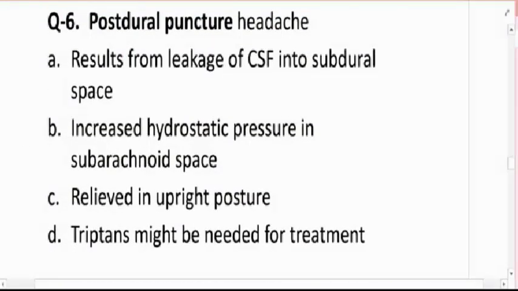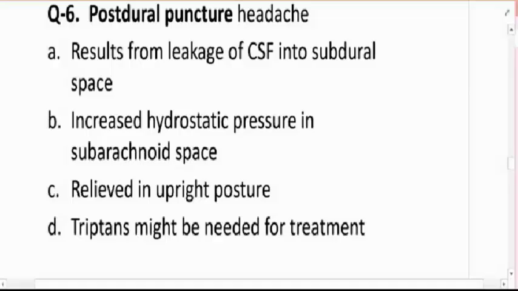Now, question number 6. Post-dural puncture headache results from leakage of CSF into subdural space, increased hydrostatic pressure in subarachnoid space, relieved in upright posture. Triptans might be needed for treatment.